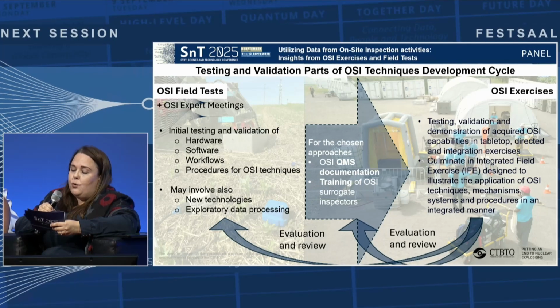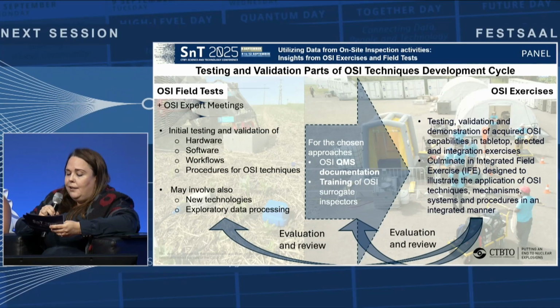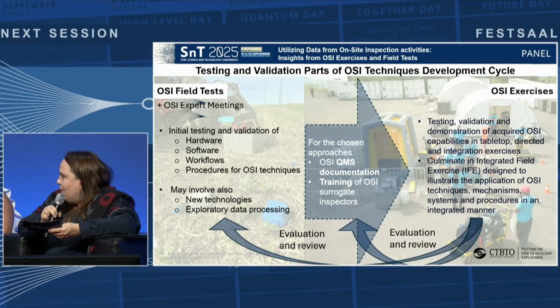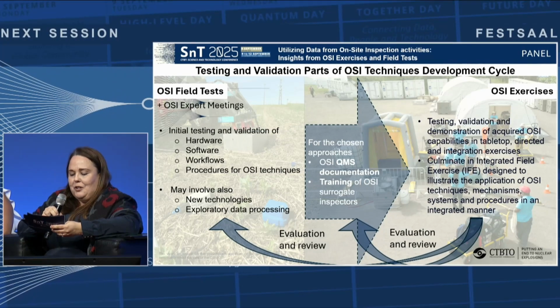And for those approaches, on-site inspection quality management system documentation, including, for example, standard operating procedures and work instructions, will be prepared to document the workflows and procedures. And then our OSI surrogate inspectors will be trained on these, to apply these techniques. And actually, most of us here today are OSI surrogate inspectors.